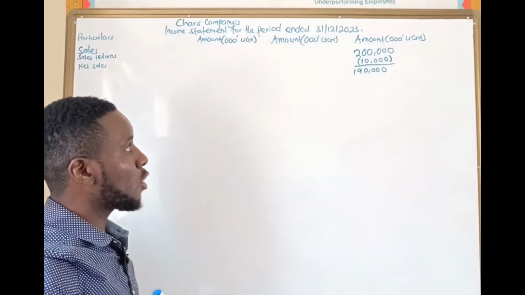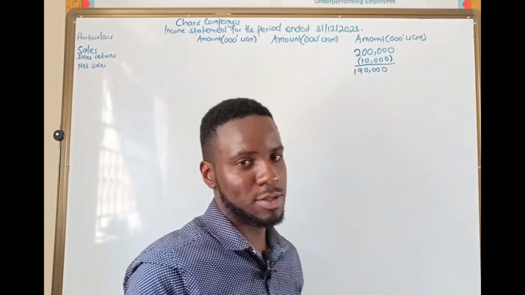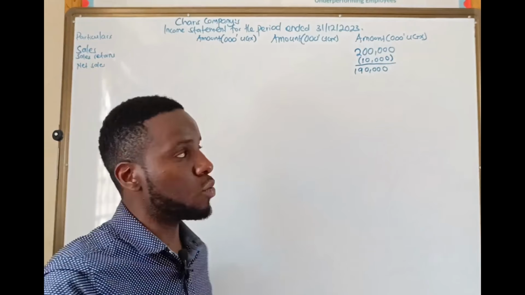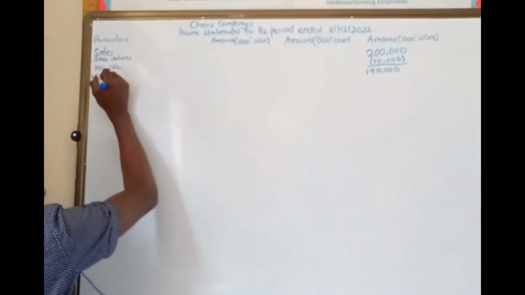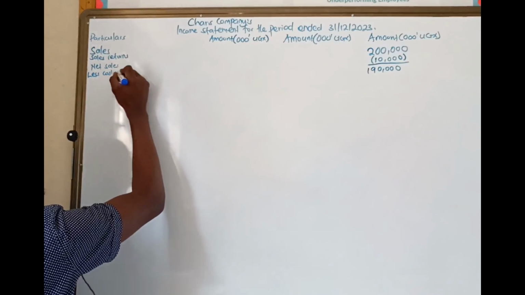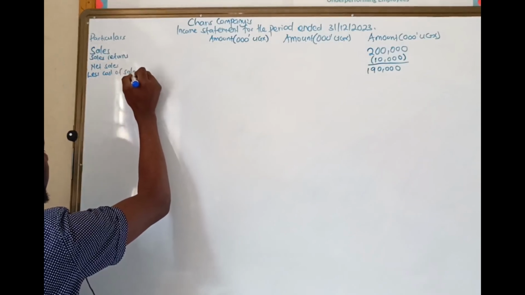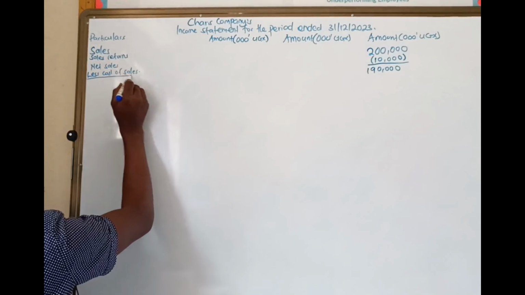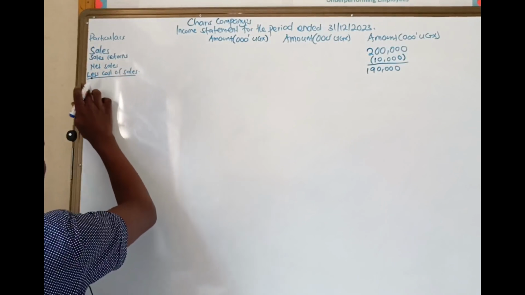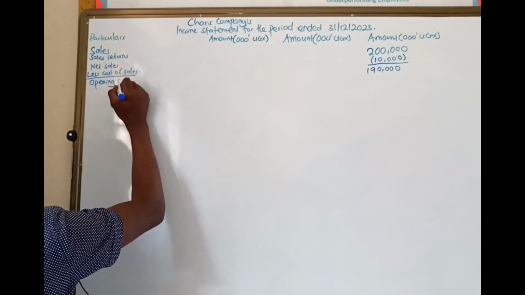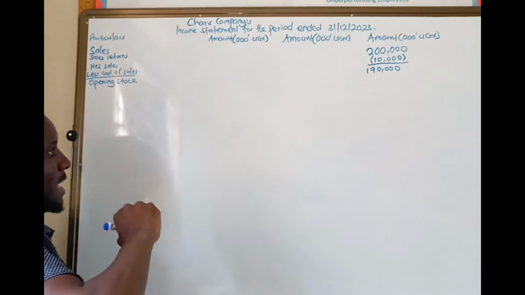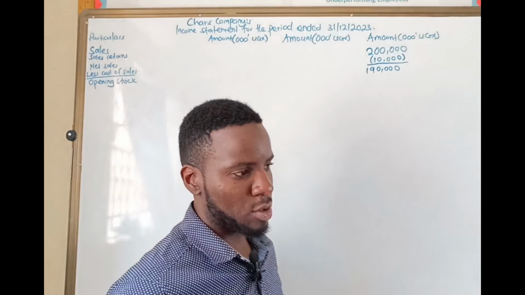Now we are going to look at the cost of sales, the cost of these sales. So we come and establish the value. So we shall say less cost of sales. So under our cost of sales, one, we shall have the opening stock. Now, let me talk about the opening stock.